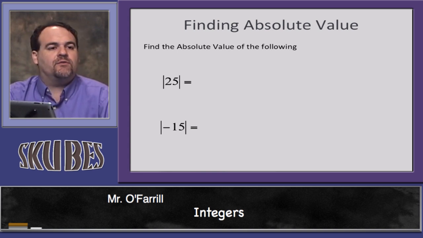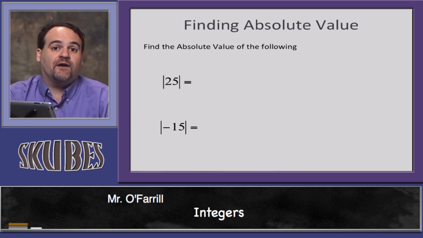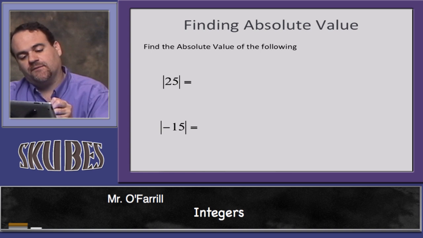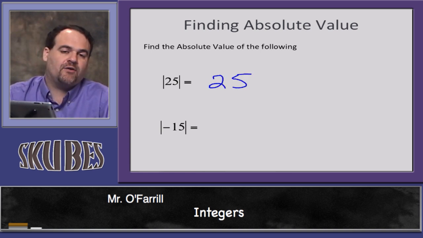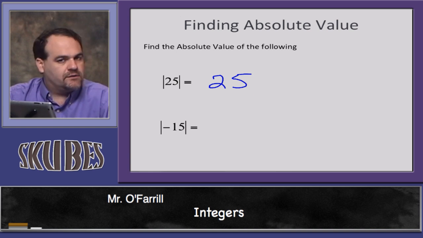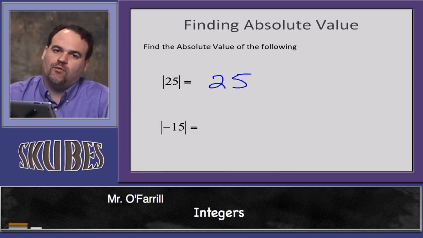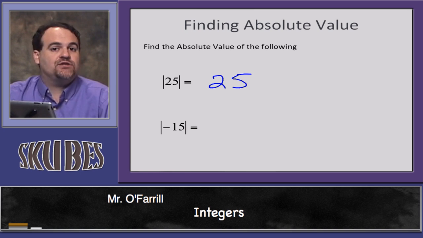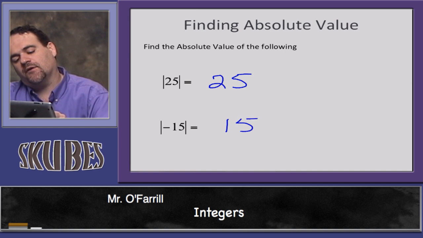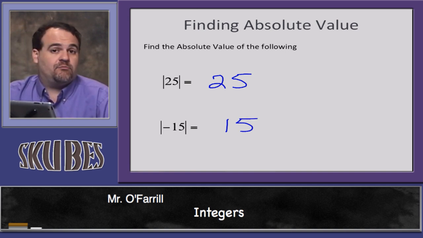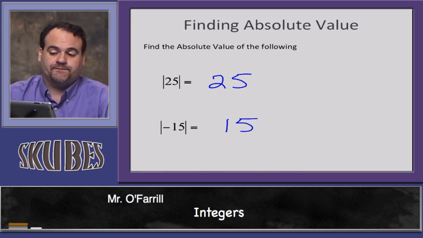So the absolute value of 25 is 25 spaces or jumps away from 0. A positive 25. How about -15? Well, even though it's a negative number, we're going to the left, but -15 is 15 jumps or spaces away from 0. And it's a positive 15.